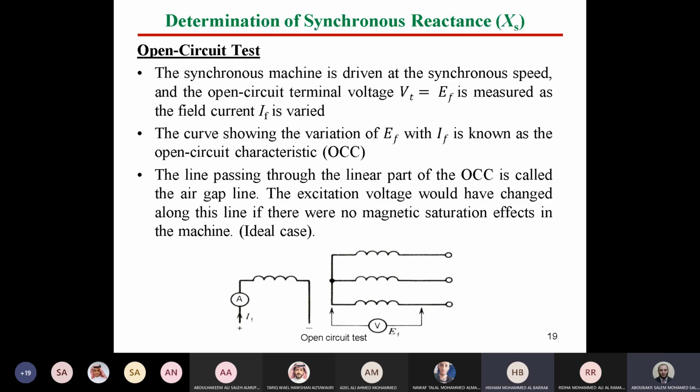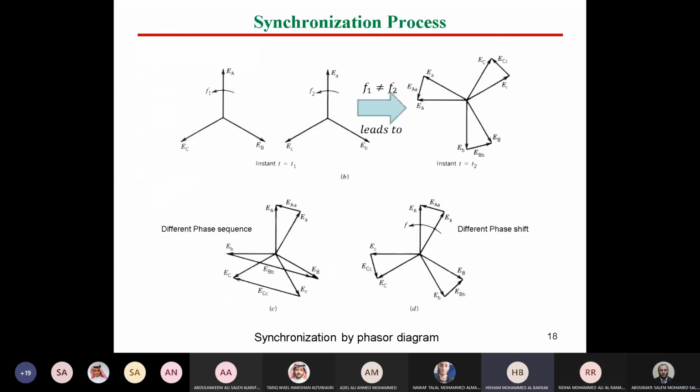Fine. Sorry, Doctor, I have a question. Regarding this condition, actually, is the phase shift the same as the inequality of the frequencies? If we have different frequencies, that means we have a different phase shift. Am I right?